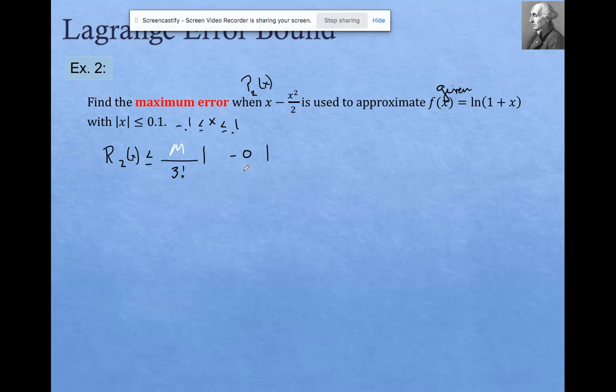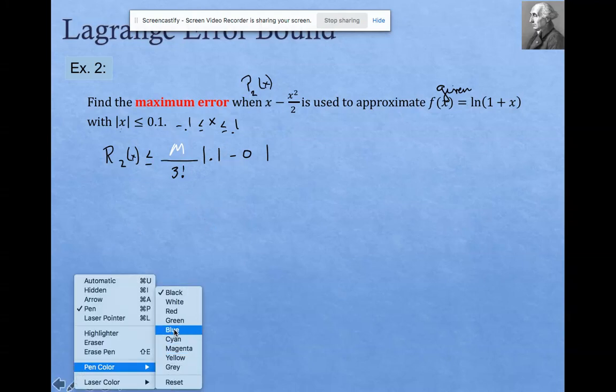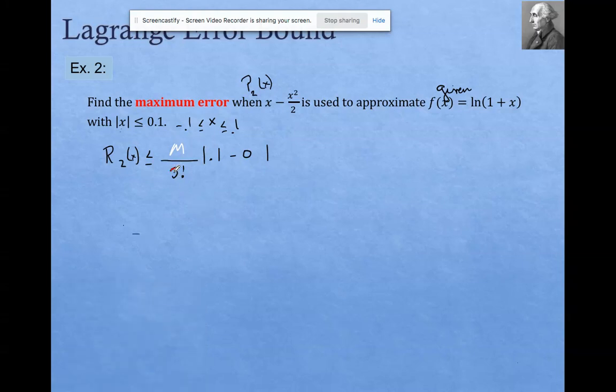What x do they want me to approximate? They want a whole bunch of them. Which ones are the furthest from the center? Negative 0.1 or 0.1. I'm doing absolute value, so I might as well put 0.1 in there, raised to what power? The n plus 1. Here's your n.